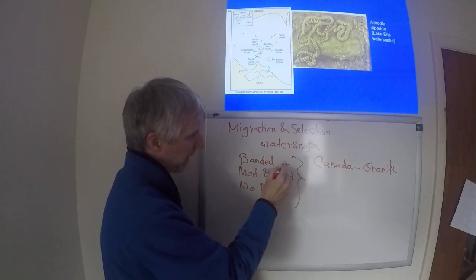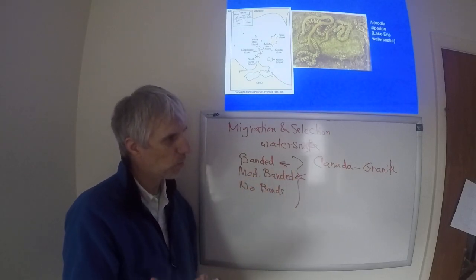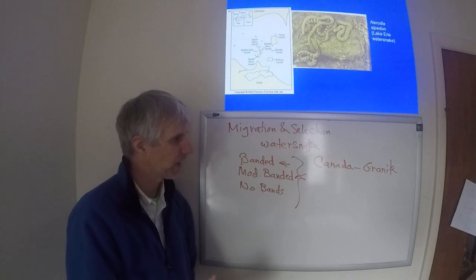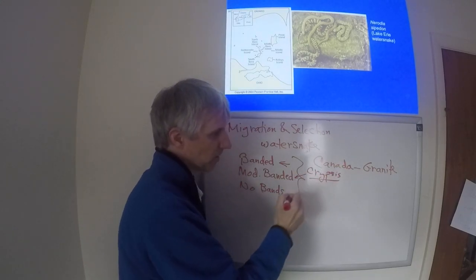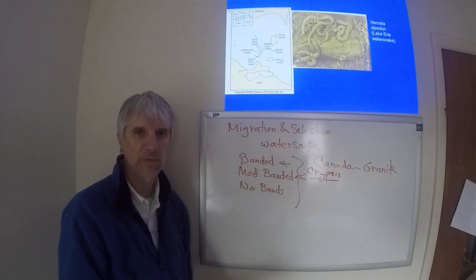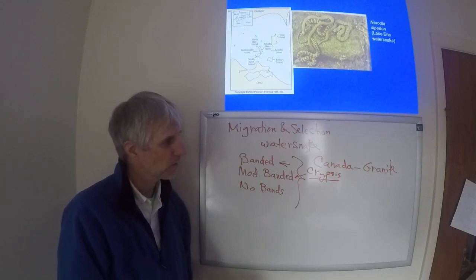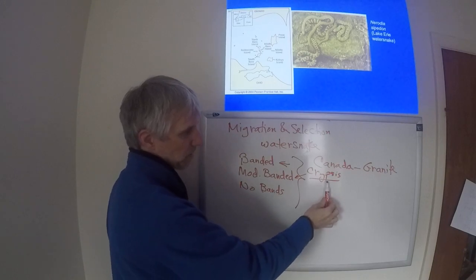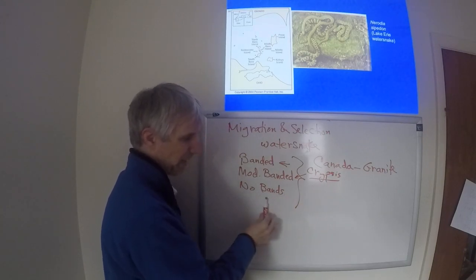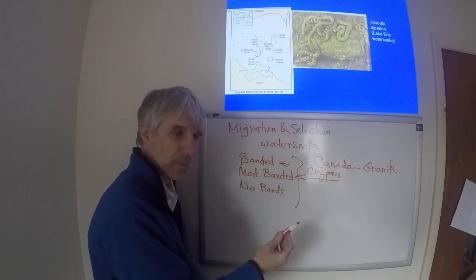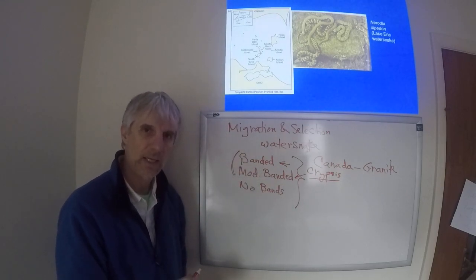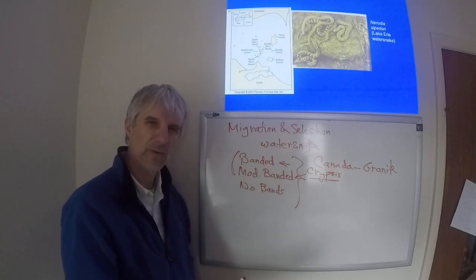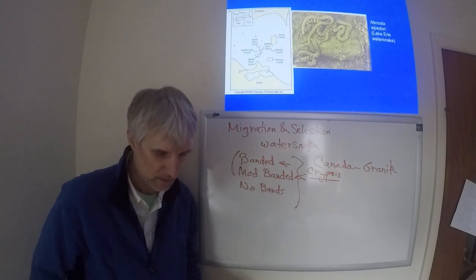And these banded forms do very well against this splotchy background because in this kind of situation, the banding pattern represents a type of crypsis. So you can imagine that selection would probably be very strong against snakes that don't have bands in Canada, and we would select for these banded snakes in Canada because they're harder for snakes to find.